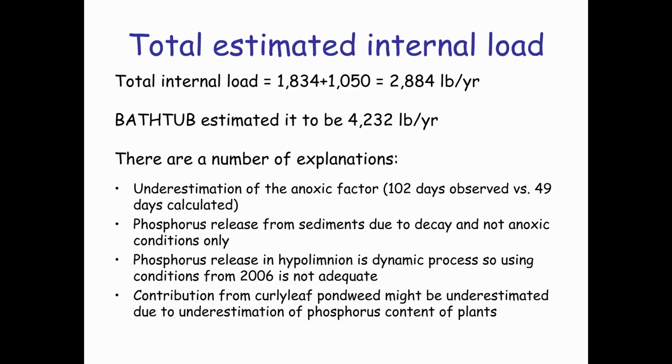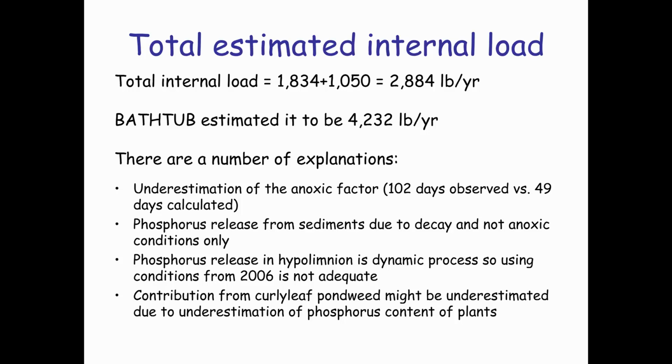underpredict that anoxic factor. Another might be that the phosphorus coming from the sediments may not only come from the mineral material on the bottom, but also decay of organic matter near the sediment interface.